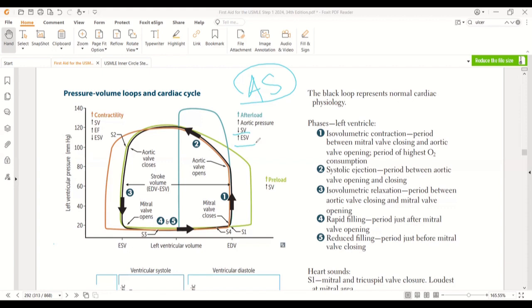Okay, so now you have to identify these things on this loop. This represents increased left ventricle pressure.